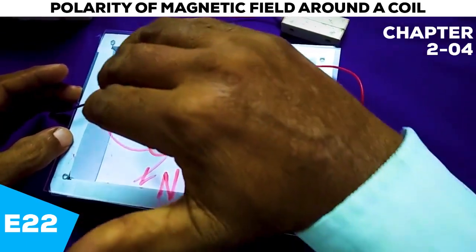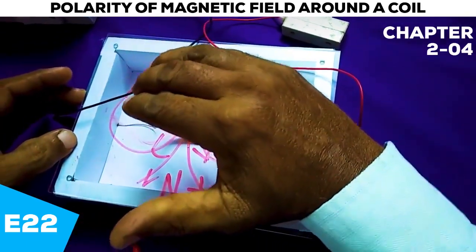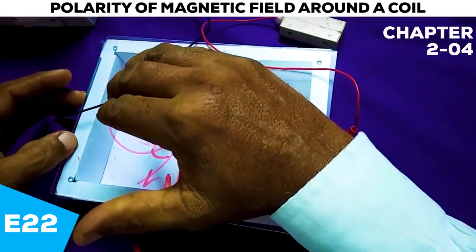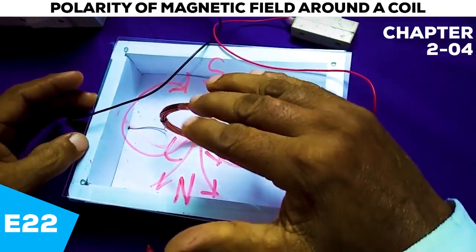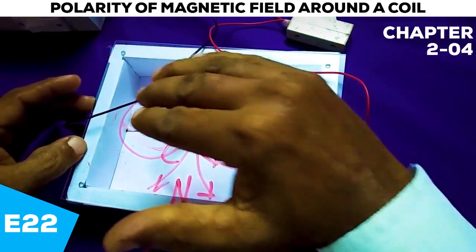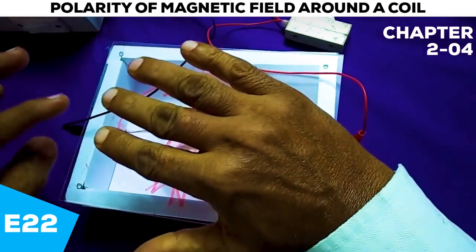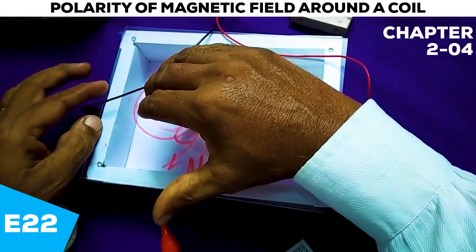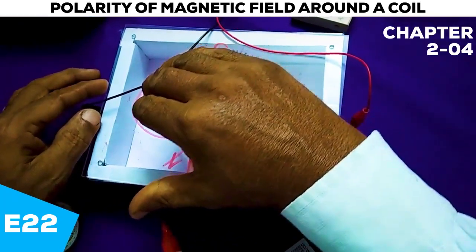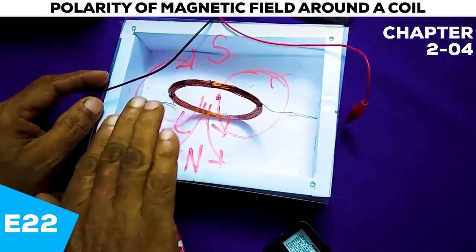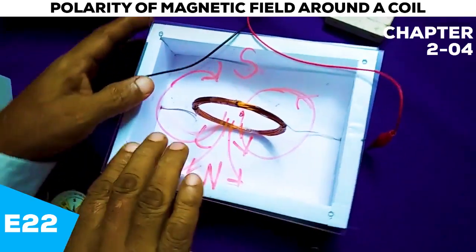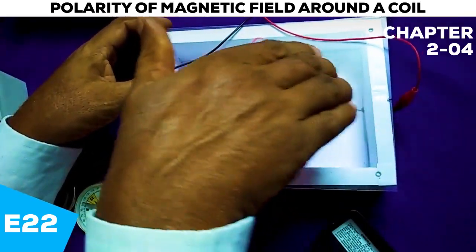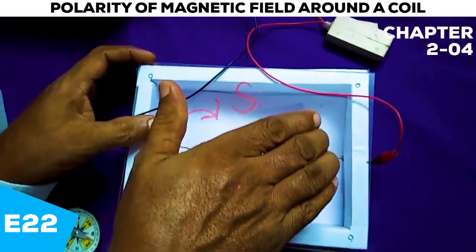So imagine we keep our right hand on the conductor or that coil in such a way that the current is flowing in the direction of the tips of the fingers. Thumb will give you the north pole. Let us see whether it is alright in the other case. When it is going that way, that is in clockwise direction, I keep my fingers in clockwise direction.